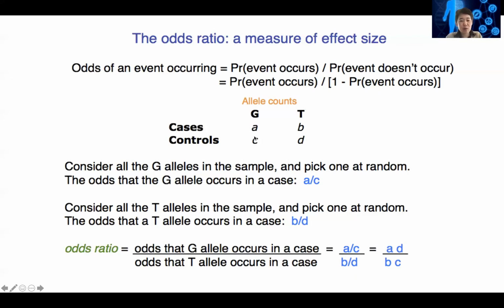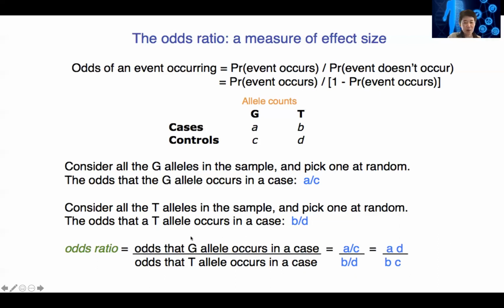And so you're looking at the alleles G in case and the allele G in the control, the allele T in the case and control, and considering all the Gs in the same sample and pick at random, the odds ratio, by chance that in this location, the likelihood that G appears in a case is A divided by C. So the difference between odds and probability is odds is just A and not A, A divided by not A, whereas the probability is A divided by the sum of the two, right?